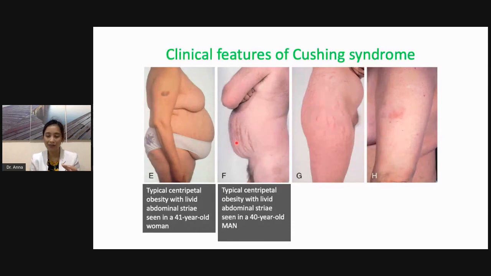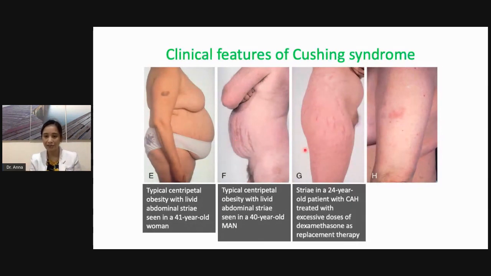This one is the typical striae in a patient with congenital adrenal hyperplasia that was treated with excessive doses of dexamethasone. In patients with congenital adrenal hyperplasia, because they have a deficient enzyme, they can have cortisol deficiency, or sometimes we give steroids in order to suppress the excessive ACTH.